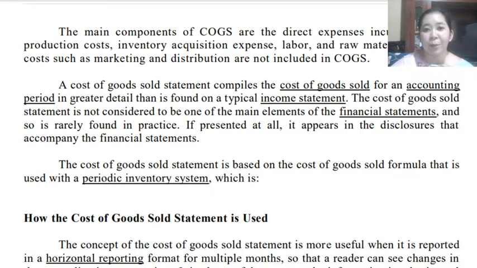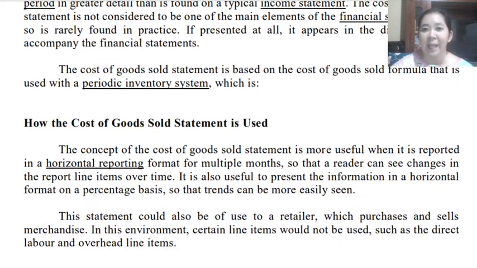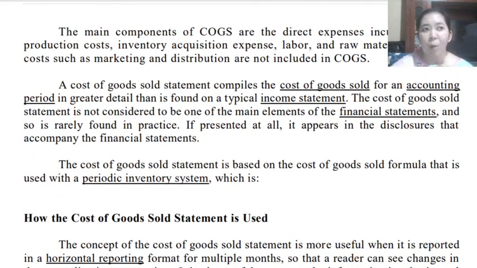So the cost of goods sold statement is based on the cost of goods sold formula, that is with the use of the periodic inventory system. But again, depending on the inventory costing method that is used by the entity, it will have a difference.